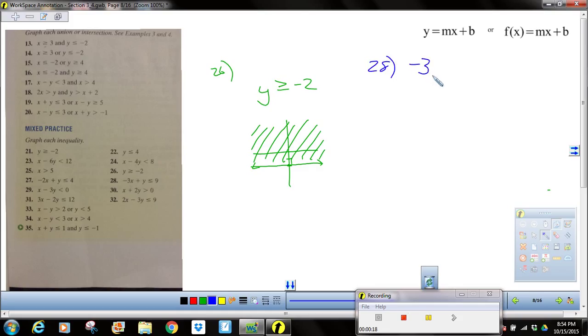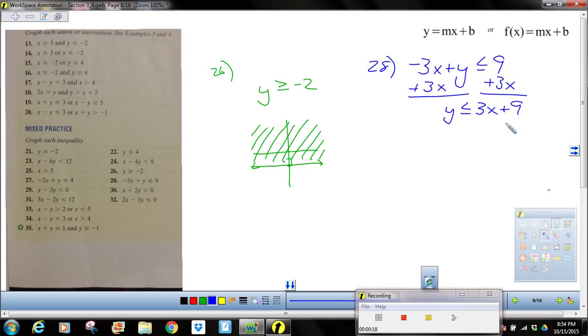This is another one that is not in slope-intercept form, so I'll need to solve it for y. Reminder to put the x term first.